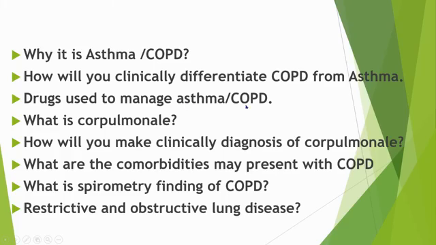A single question in short you may be asked: if there is type 2 failure, what may be the examination findings? You may say there is a pink and bounding pulse, warm periphery, papilledema and flapping tremor present in case of type 2 respiratory failure.